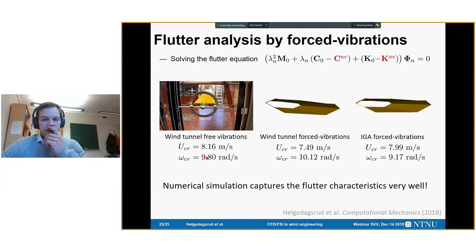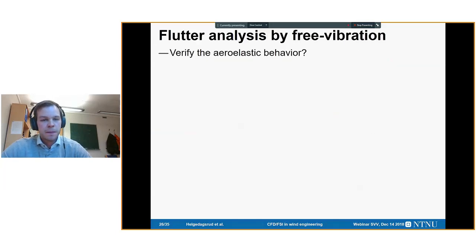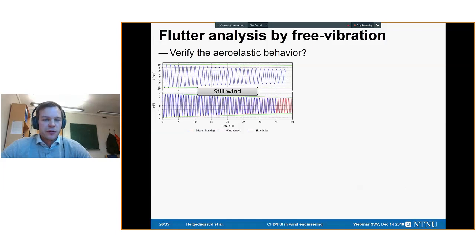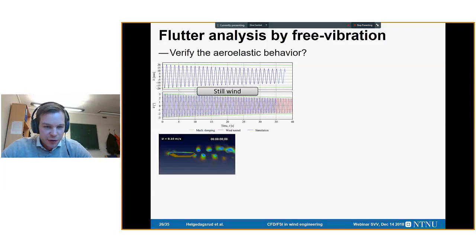We can also study flutter with free vibrations. And then we don't use any assumptions of the loads or any equations at all. We just simulate this experiment directly. So it's a nice verification. The first thing we did was to check if our formulation worked. So we took the still wind vibrations.